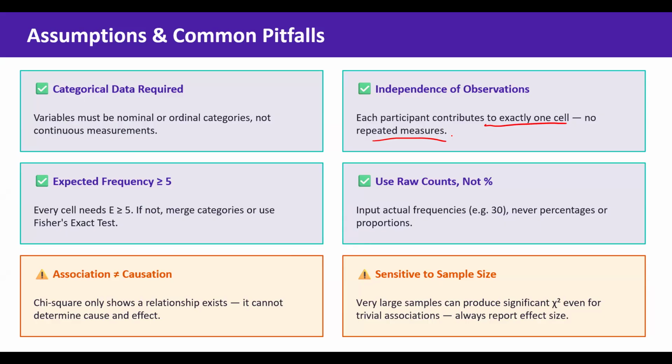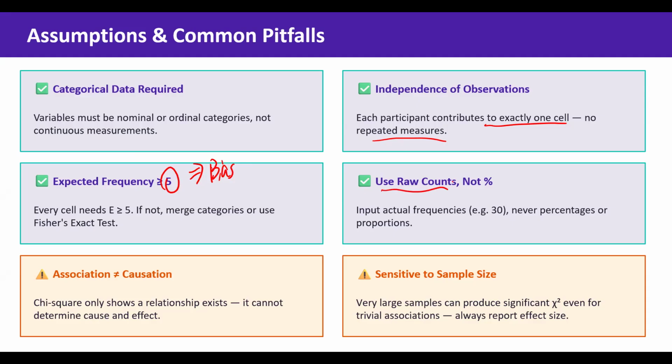And also expected frequency must be greater than 5. If not, then we're going to merge categories or use Fisher's exact test. If it's too small, there's a bias, and the result is not reliable.